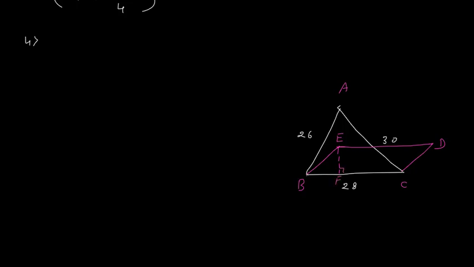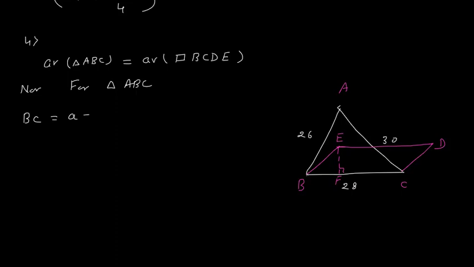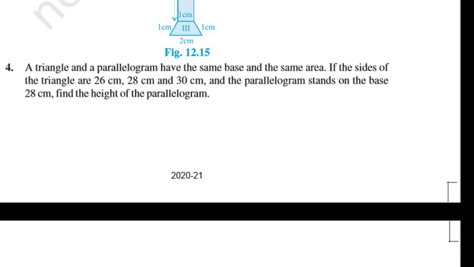So here in the fourth problem we have given the area of triangle ABC is equal to the area of parallelogram BCDE. Okay, now for triangle ABC we consider BC equals small a equal to 28 centimeter, dimension is centimeter, right?